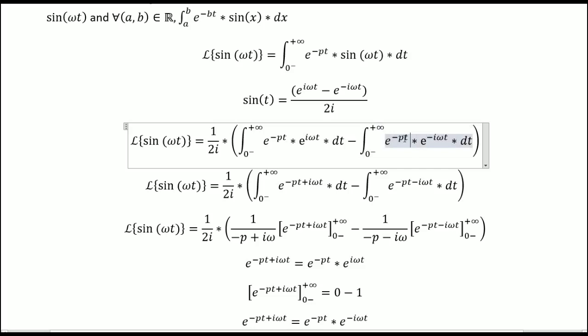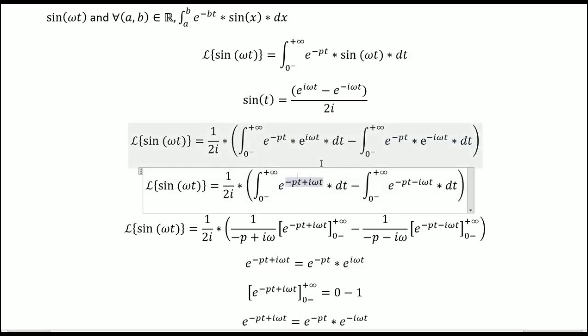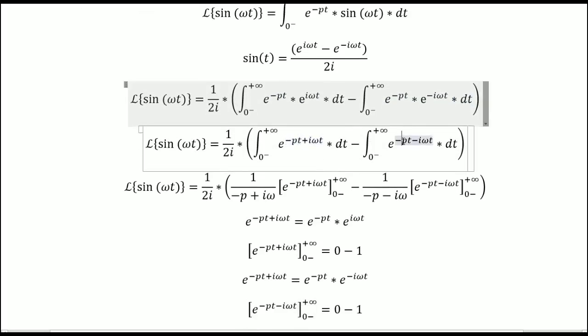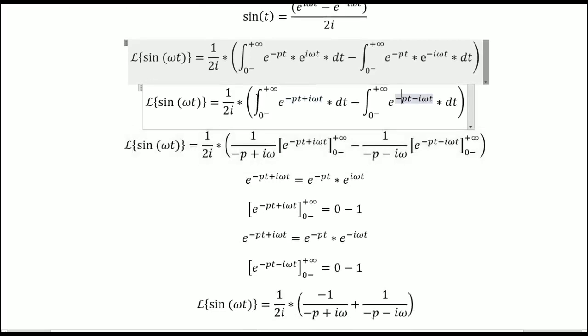So we just split the integral. So let's continue. I can just regroup this in a single exponential by the properties of exponential. Same here. Then I apply the integral. So when you take the antiderivative of exponential, you get the thing that is inside, so 1 divided by what's here.